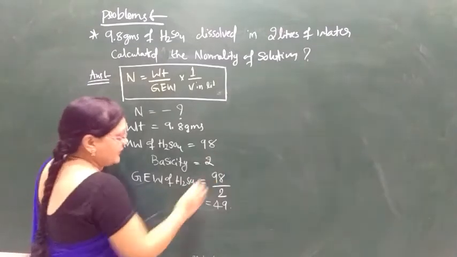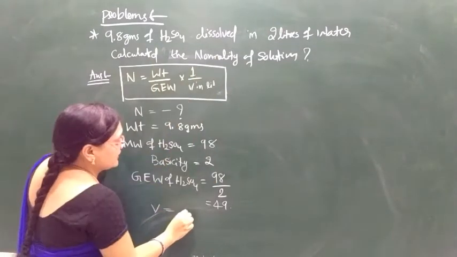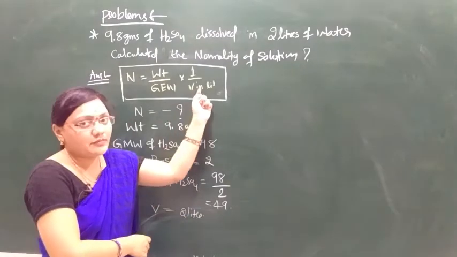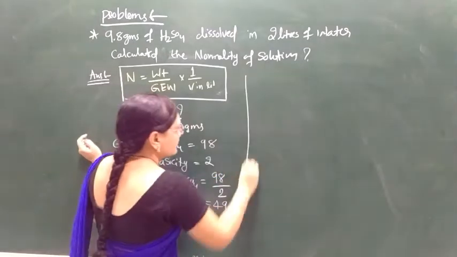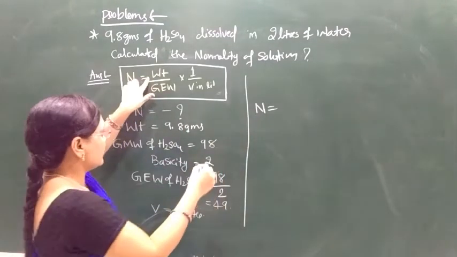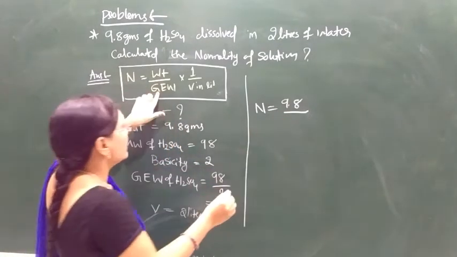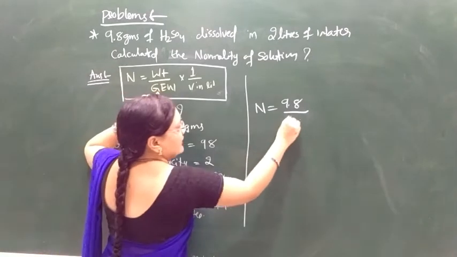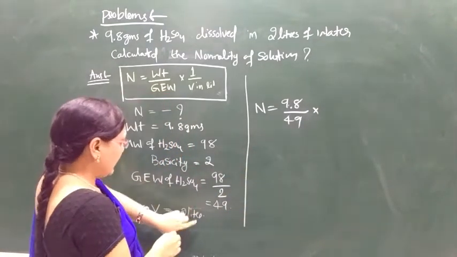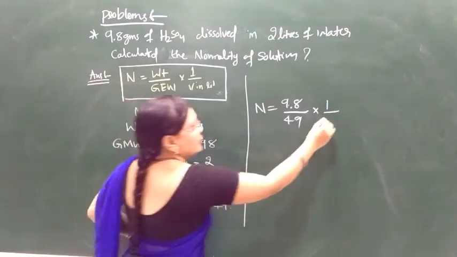Volume is how many liters? 2 liters. These are substituted in this formula. N equal to weight 9.8 by GEW 49 into 1 by volume, 2 liters.